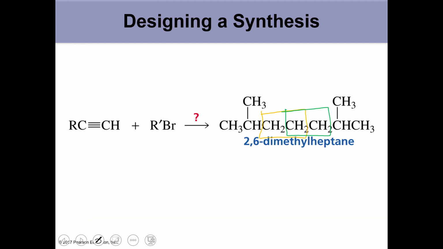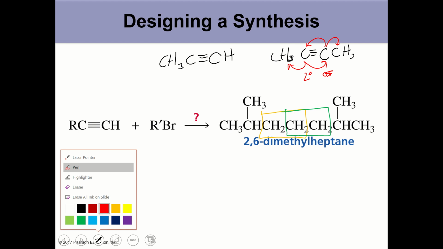So if you look at two examples of what an alkyne is, for a terminal alkyne or an internal alkyne, because of the nature of the triple bond, the highest number of possible bonds to carbon are 2, 1, 2, 1, 2.